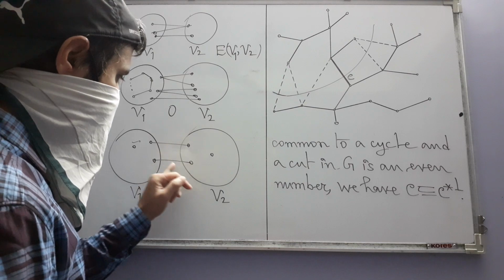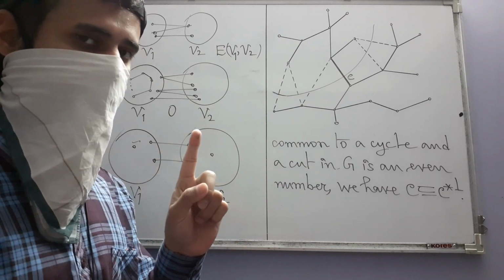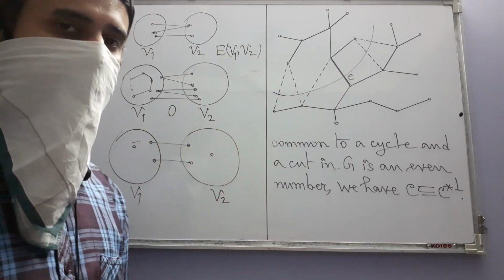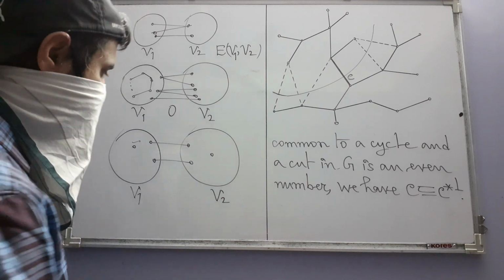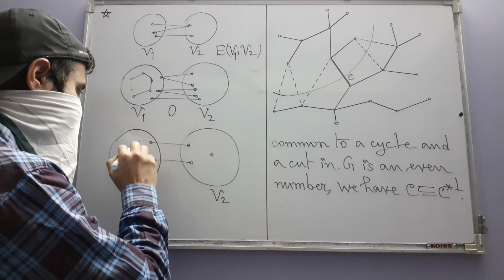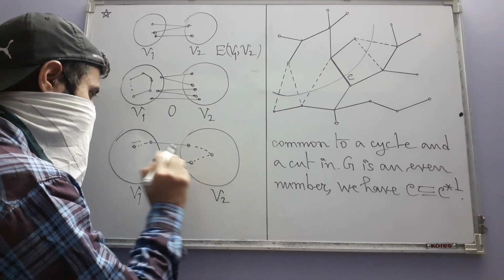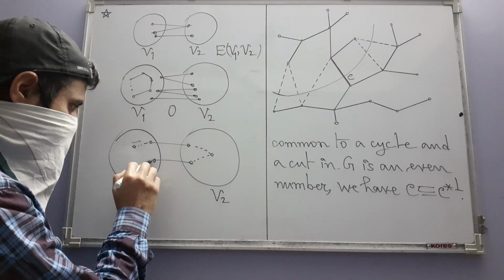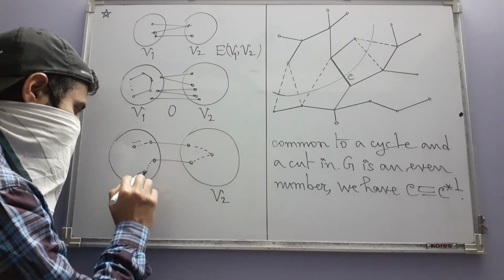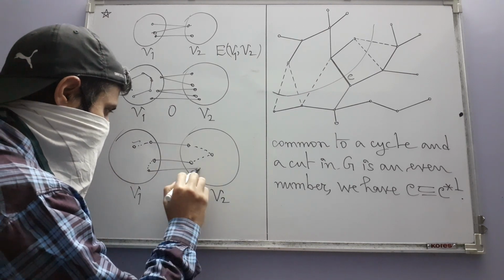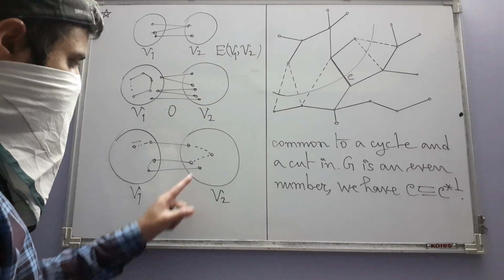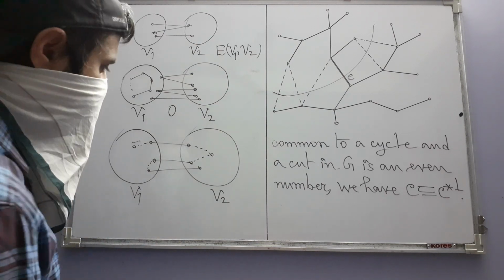And this may not happen just once. It may happen several times in general. Maybe the cycle goes like this, and then we come back to this. But then again, after some point, we may again have to go back to that place from V1 to V2.